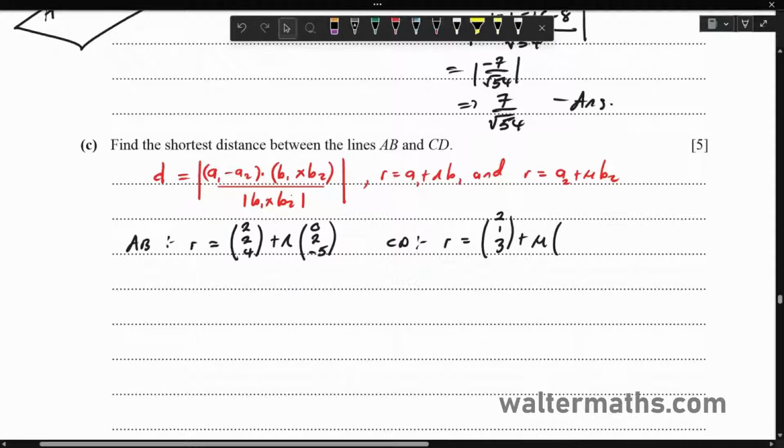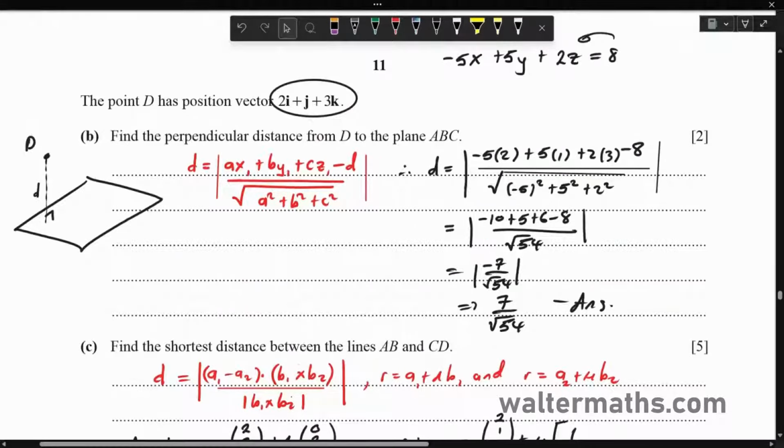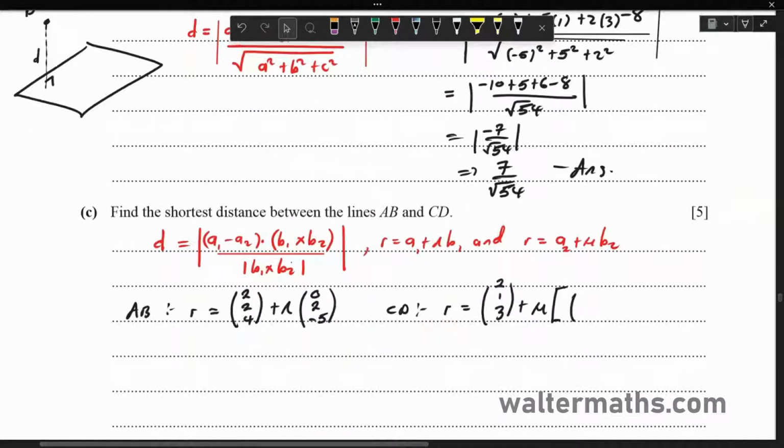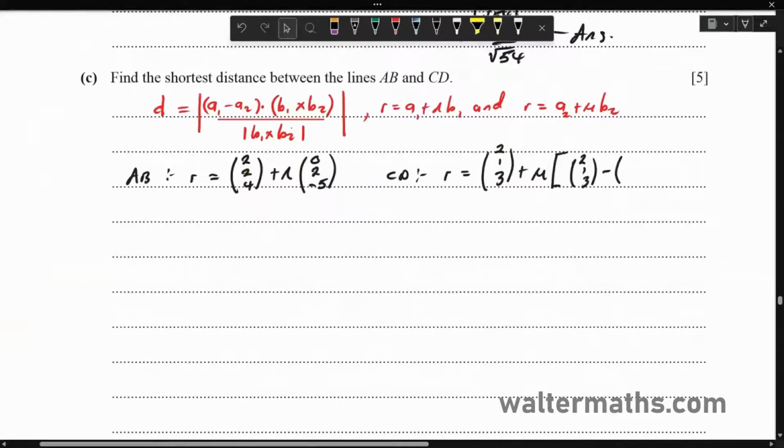Now for the direction CD, we'll say that CD is OD minus OC. OD is (2, 1, 3), so it's essentially (2, 1, 3) minus OC. C is here, that's (-3, 4). Alright, so this is going to give us r equal to (2, 1, 3) plus mu of (5, 4, -1).